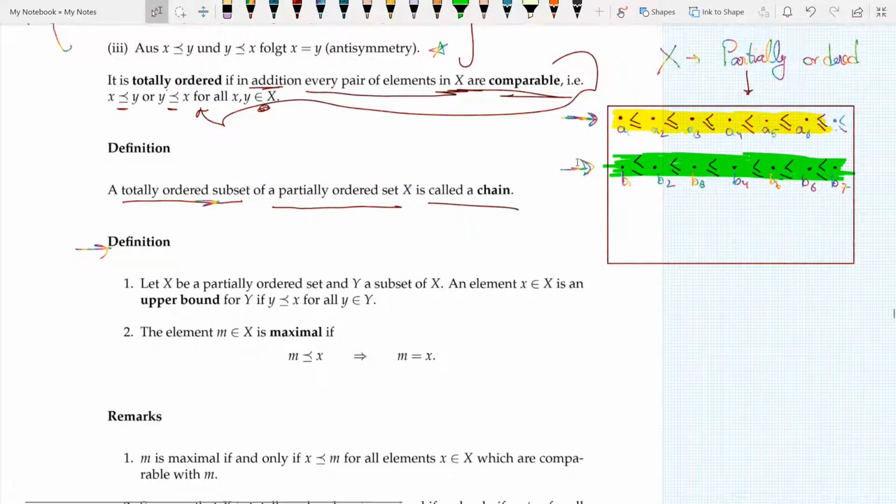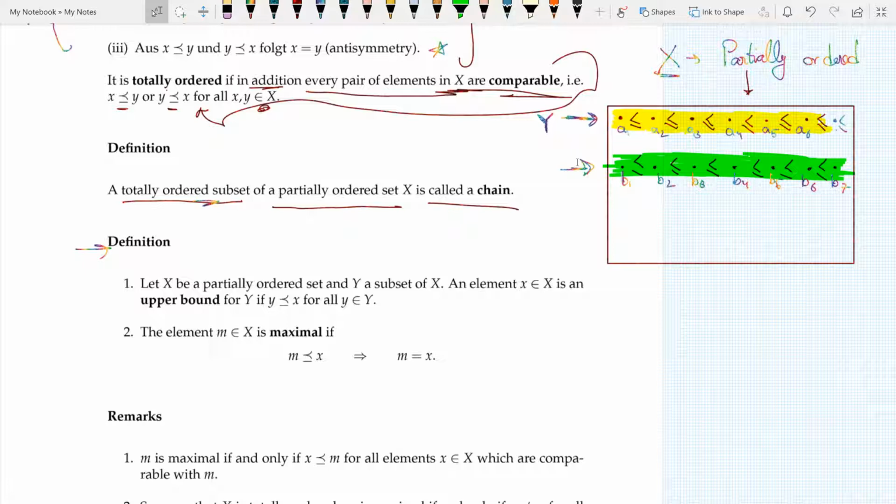Let X be a partially ordered set, which is this, and Y be a subset of X. Let's call it this Y. An element x belonging to capital X is an upper bound for Y if y is less than or equal to x for all y belonging to capital Y. So consider these as my y's, that is a1, a2, a3, a4, a5, a6.